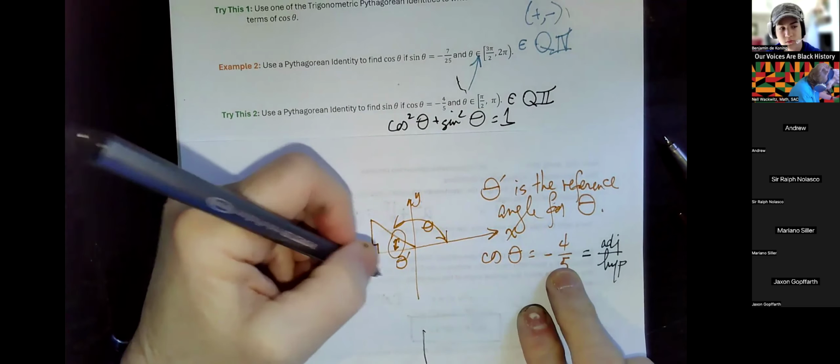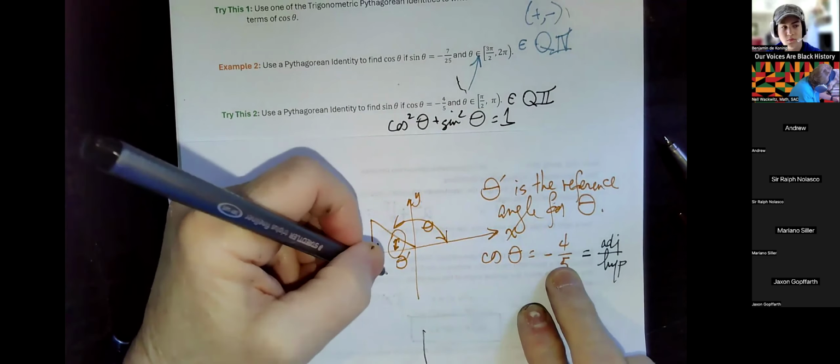So this -4 in the numerator gives me the adjacent, and the hypotenuse is 5. This is what kind of triangle? What are the numbers? Three, four, five. It's a 3, 4, 5. And am I going to have a +3 or a -3 in quadrant 2?